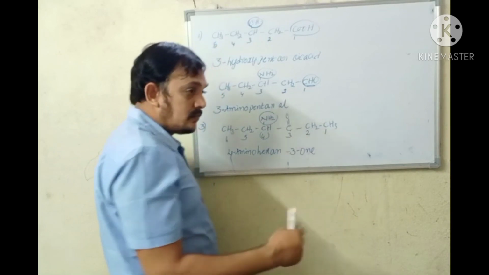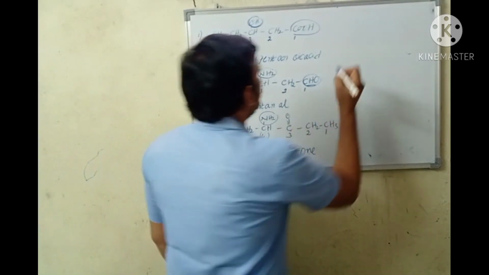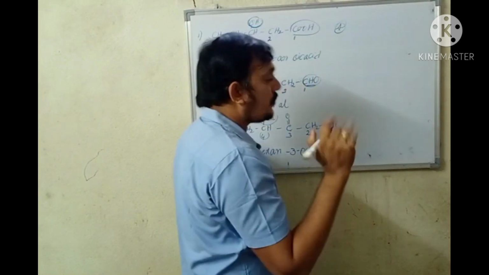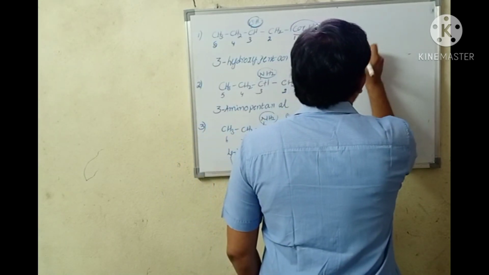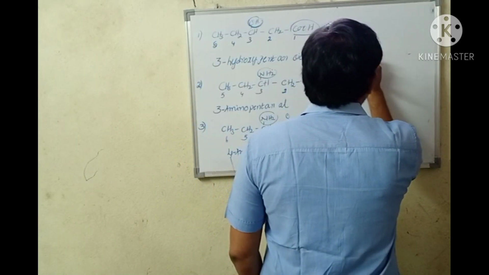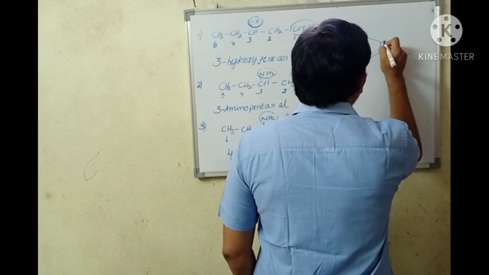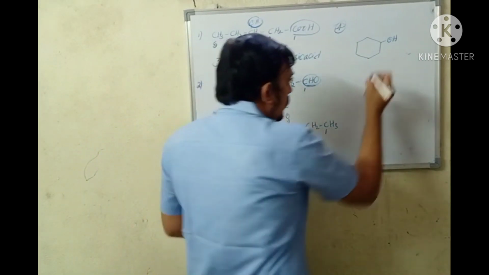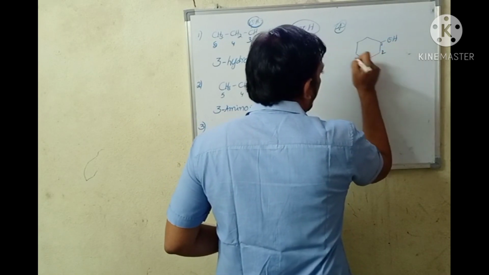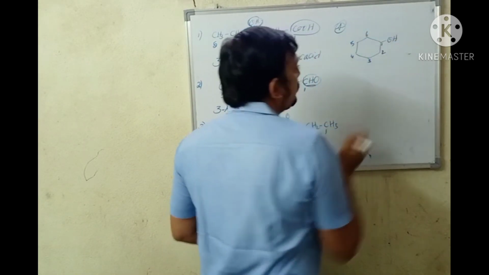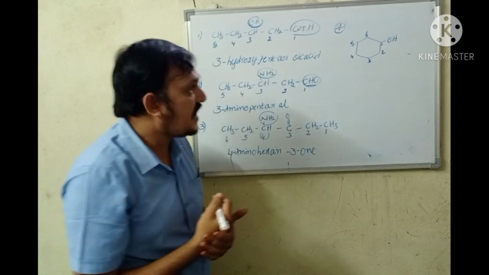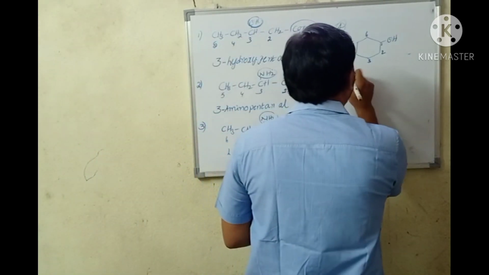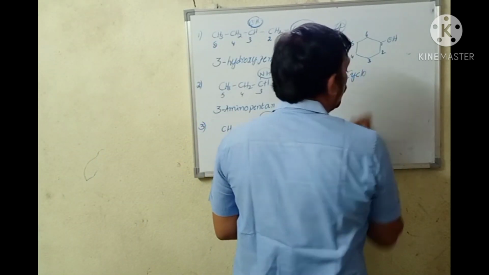Okay. Next one is, if it's a cyclic compound, like that. 1, 2, 3, 4, 5, 6. No substituents are there. The name starts with the primary prefix, cyclo.